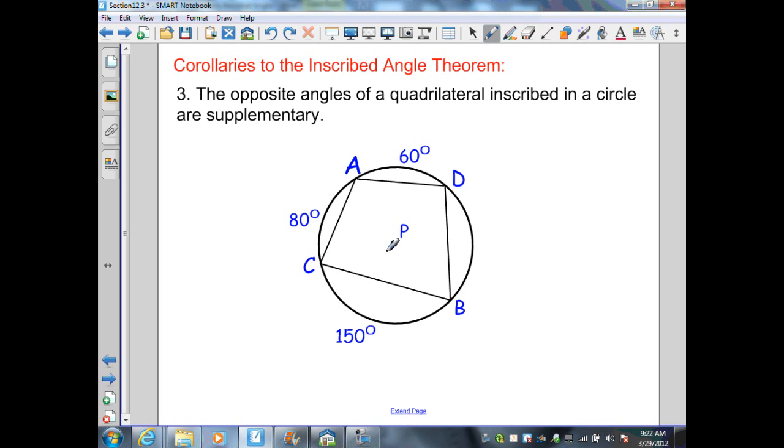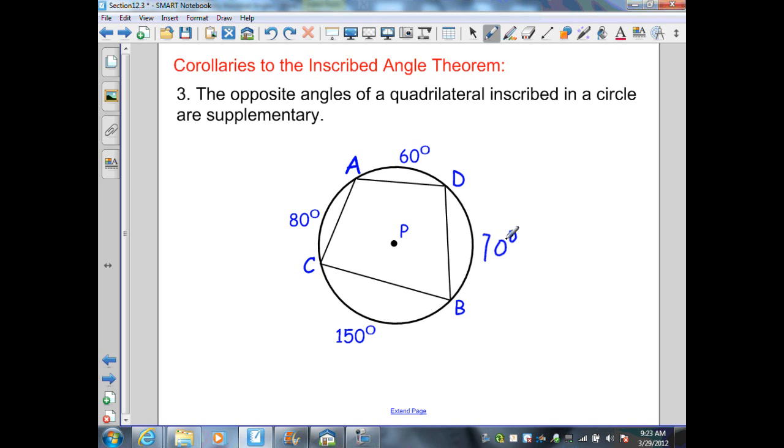Here I have circle P and a quadrilateral ACBD inscribed in circle P. We know that the measures of the central angles sum is 360 in a circle. Therefore, I can find the measure of arc DB. 60 plus 80 is 140. 140 plus 150 is 290, leaving the measure of arc DB when I subtract from 360 to be 70 degrees.